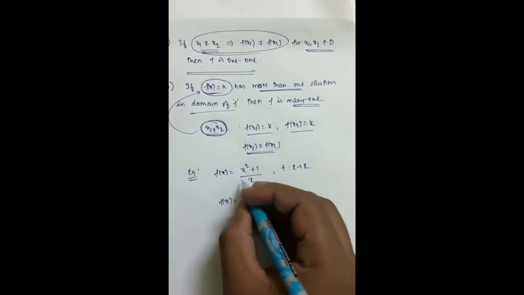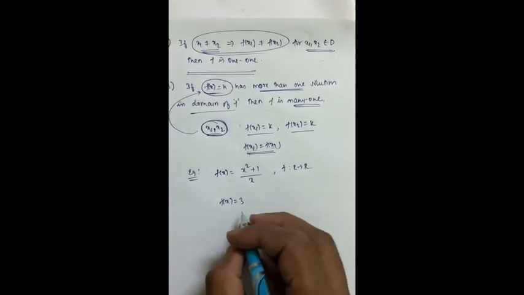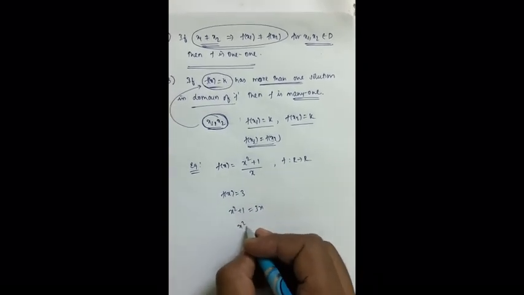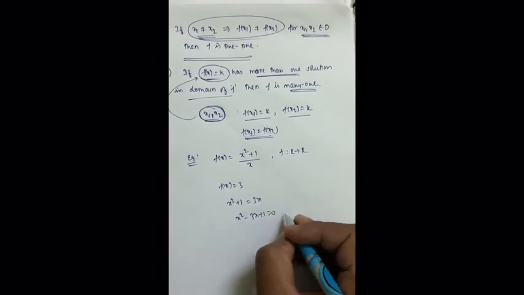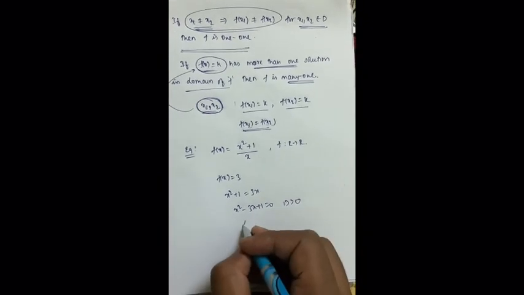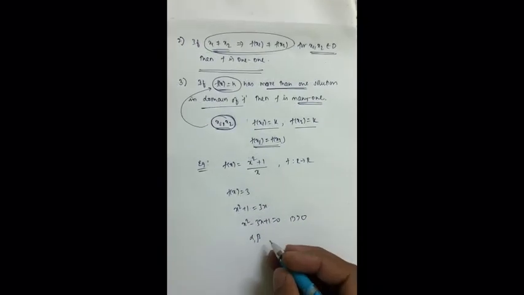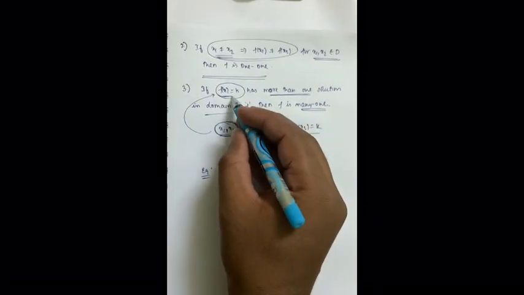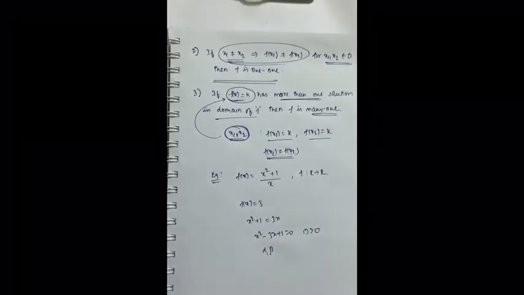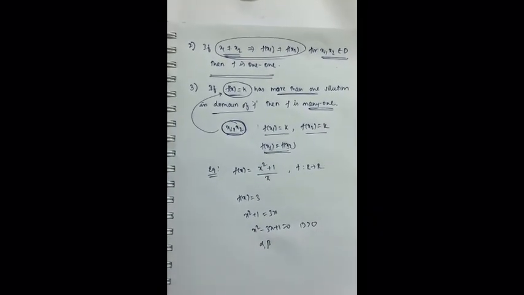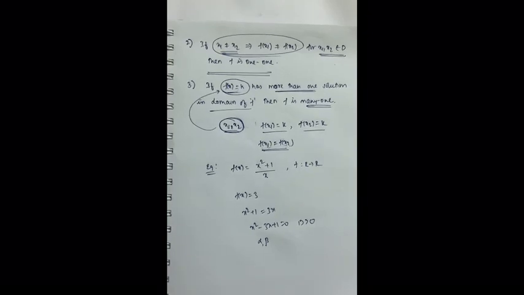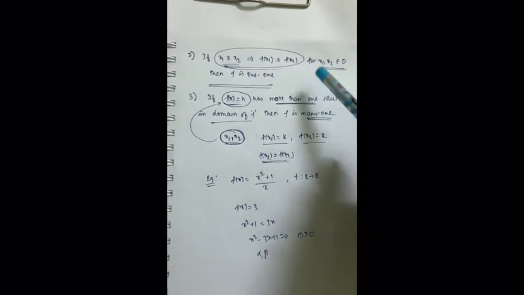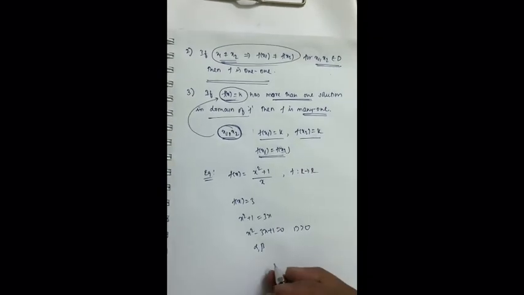So let us solve the equation f of x equals 3. x square plus 1 equals 3x. We get x square minus 3x plus 1 equal to 0. Discriminant is positive, so you will have two solutions, alpha and beta. Since we are getting two solutions, according to this rule, if f of x equals k has more than one solution, then f is many-one.